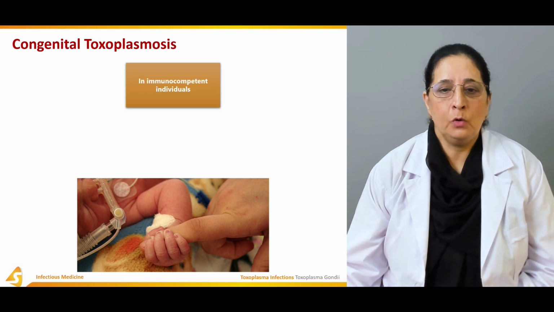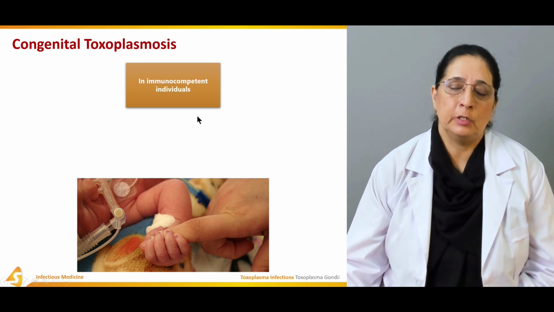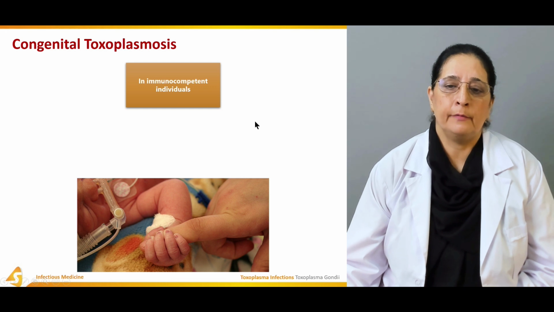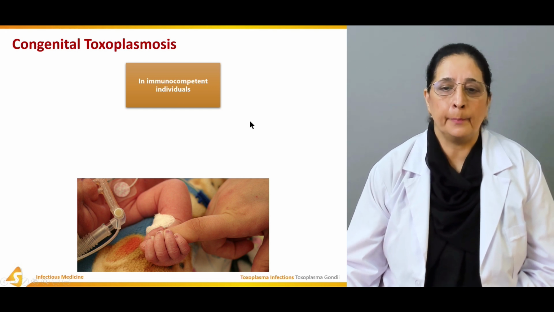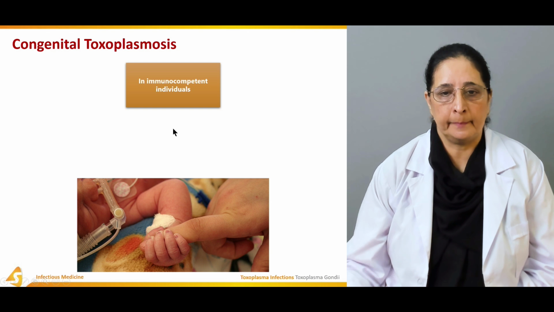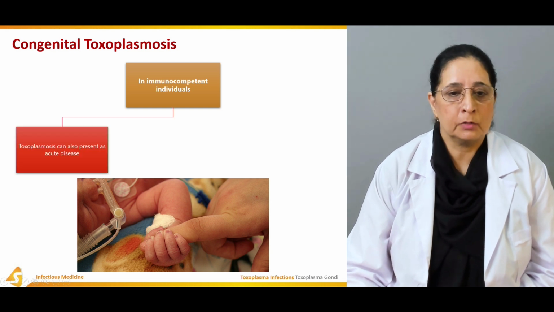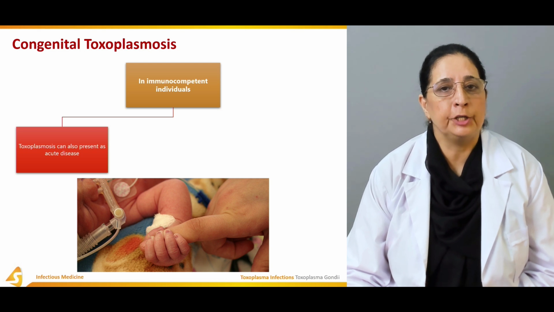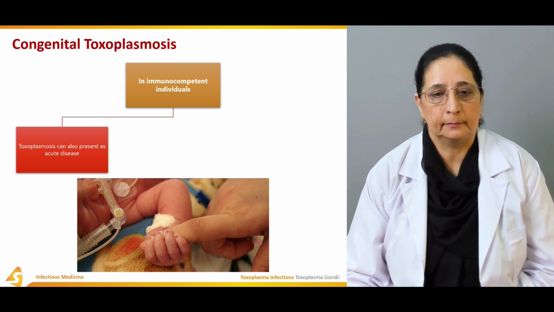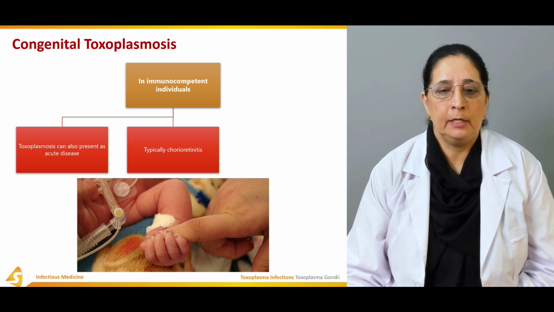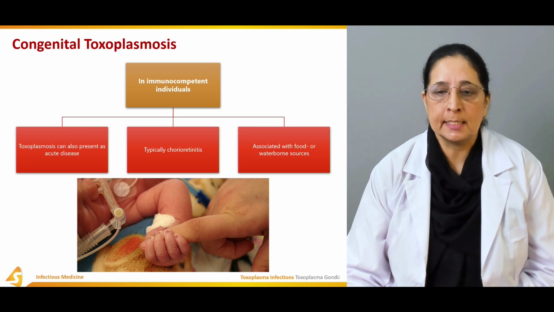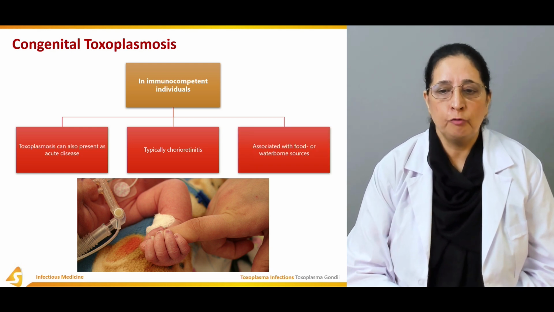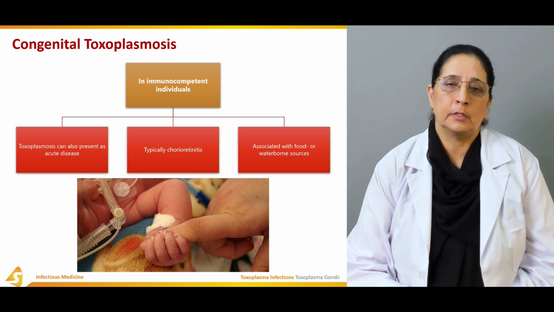In immunocompetent individuals, in patients who have a normal or competent immune system, toxoplasmosis can also present as acute disease, typically chorioretinitis, associated with a food or waterborne source.